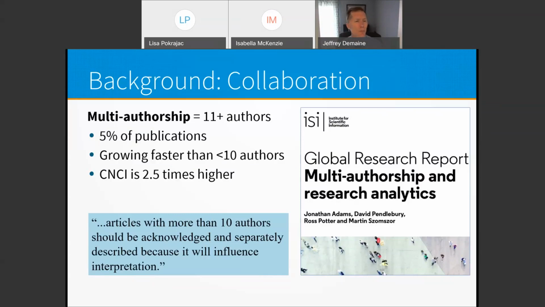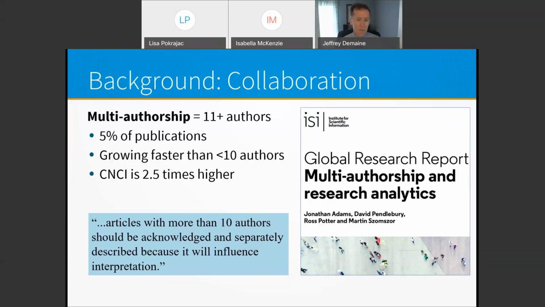What Vincent Lariviere and his collaborators found is that team size has increased over the 20th century. Collaboration has gone up, and that generates more citations. The bigger a research team is, the more likely it is to do really good science and to attract more citations. So that's some of the background for what I'm doing today.